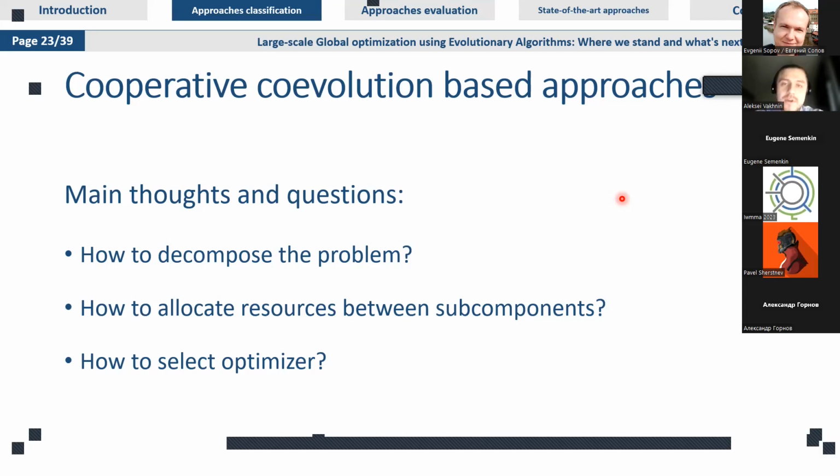Based on a lot of papers and numerical experiments, if we take a very powerful optimizer, for example the SHADE algorithm, a sort of differential evolution which self-adapts parameters during the optimization process, and on the other hand we take classic differential evolution without parameter adaptation, the cooperative coevolution algorithm with the SHADE optimizer will on average work better than the same algorithm with classic differential evolution as the subcomponent optimizer.